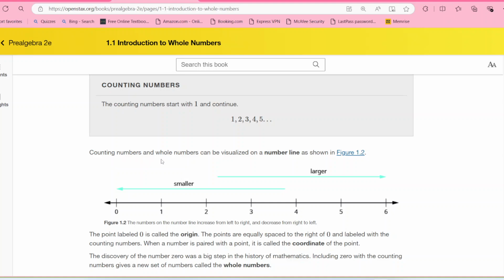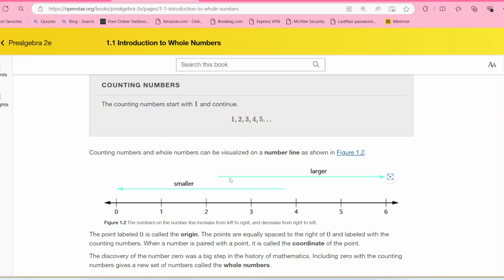Counting numbers and whole numbers can be visualized on a number line, as shown in figure 1.2. So here is figure 1.2. The numbers on the number line increase from left to right and decrease from right to left. You can see a line here with notches representing the numbers 0, 1, 2, 3, 4, 5, 6, and they show you the arrow up top.